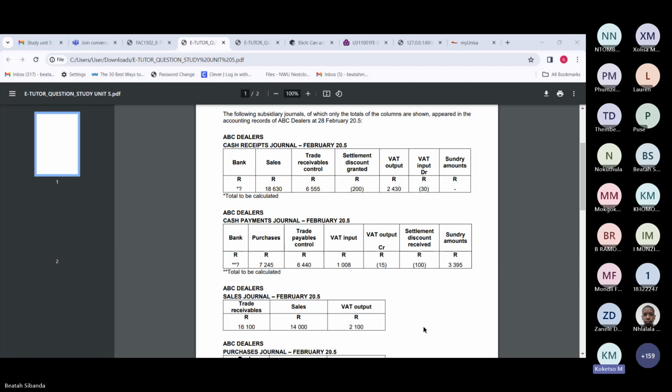I know how we arrive at those numbers, but where we say VAT output debited, that's where I get lost. And for the cash payments, we say VAT input credited, that's where I get lost. I know where the numbers come from, but I want to understand why we say debited and credited, please.